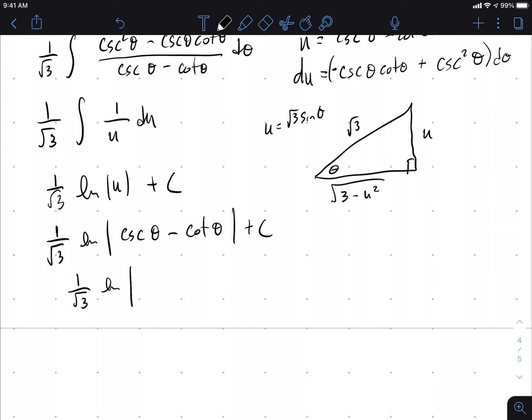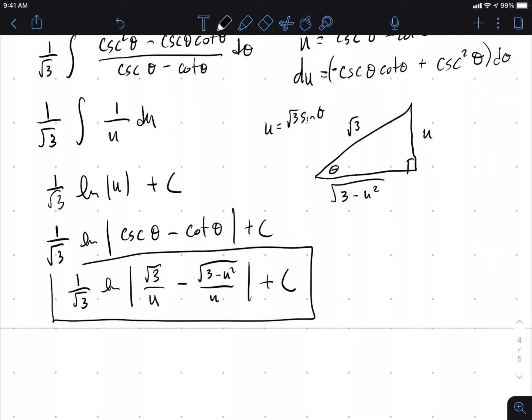Sine is opposite over hypotenuse, so it should be hypotenuse over opposite, minus cotangent, which is adjacent over opposite, so that should be 3 minus u squared over u, plus some constant c. And that is my answer.